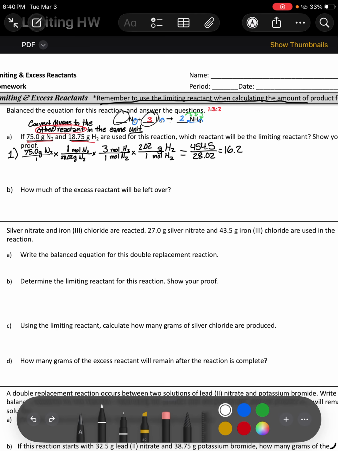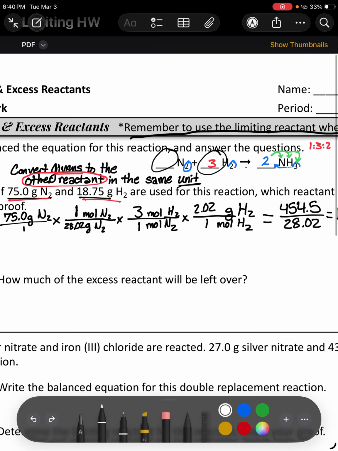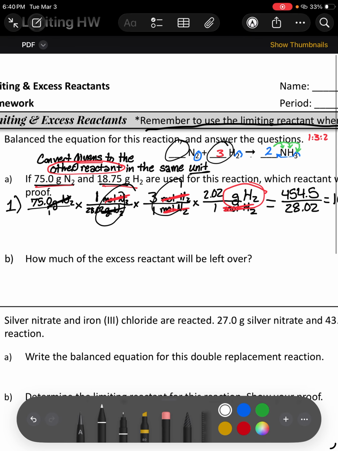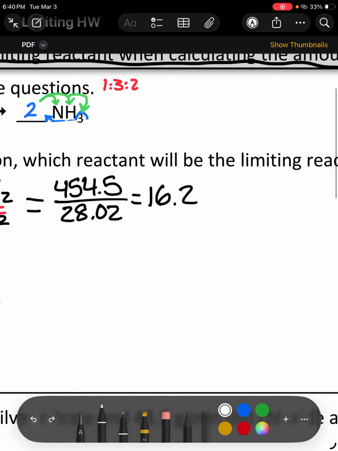16.2. What's our units? Well, if we look at it, grams of nitrogen canceled. I'll use red instead. Moles of nitrogen canceled. Moles of hydrogen canceled. Leaving us with grams of hydrogen. That's why it's so lovely to make sure you always keep these units shown. Unit and compound.